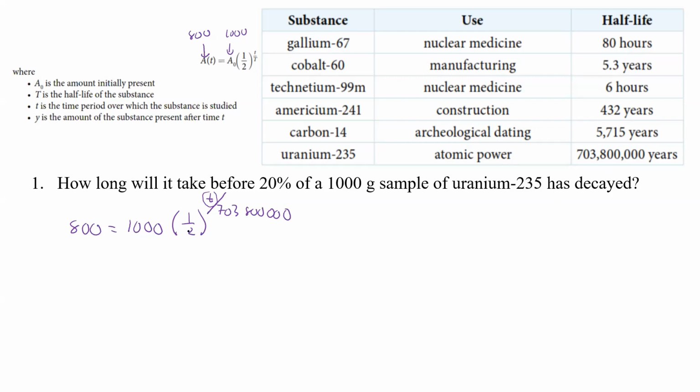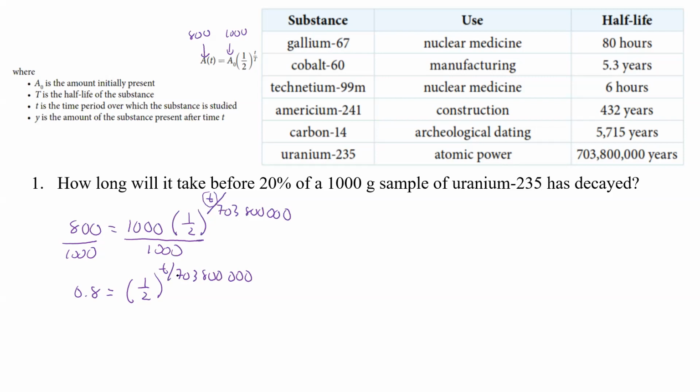Well, we know that that's some thing to the power, and so we can use exponents, log functions. Whatever we do, we have to get this by itself. So we have to get rid of this 1,000. So I'm going to divide by 1,000. Well, if I divide by 1,000, that's just 0.8. So that's equal to 1/2 to the t over 703,800,000.